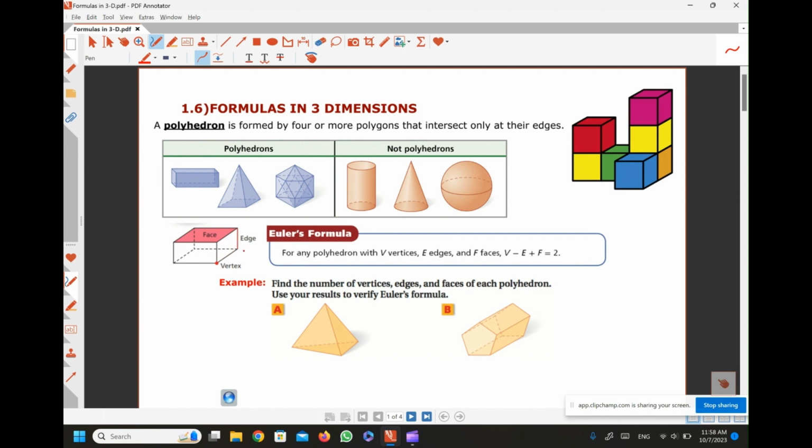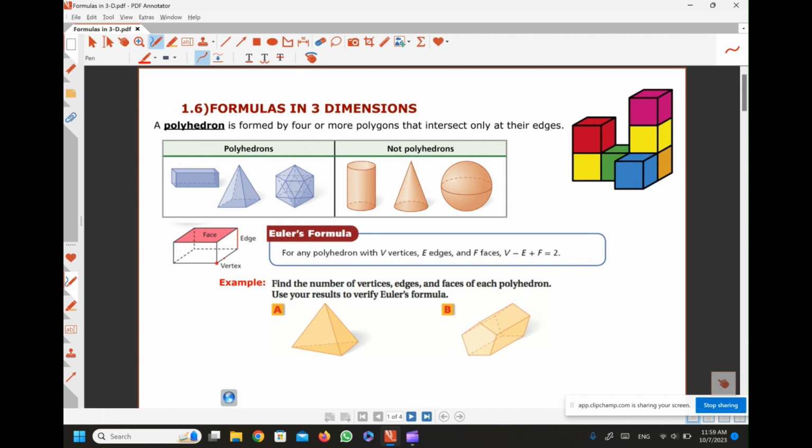An edge is the side of each polygon, and a vertex is a point connecting two sides, two edges. So those are the elements of each polyhedron.